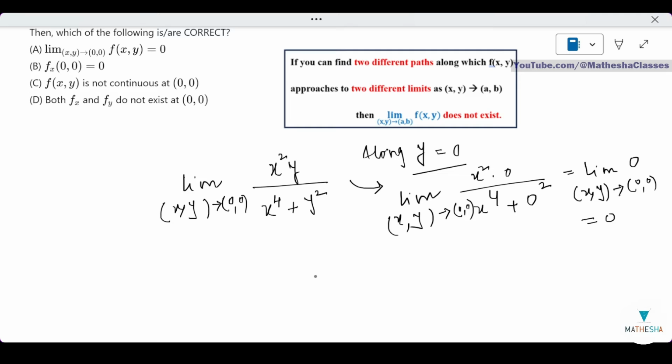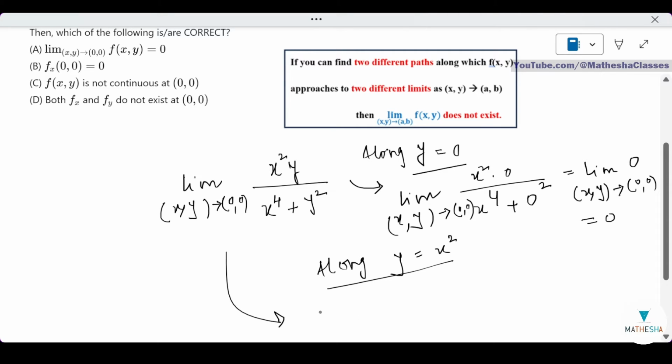Now let us change the path to y equal to x square. Now what will happen along this path? Along this path this expression will become x square and now at the place of y we'll be putting x to the power 2.